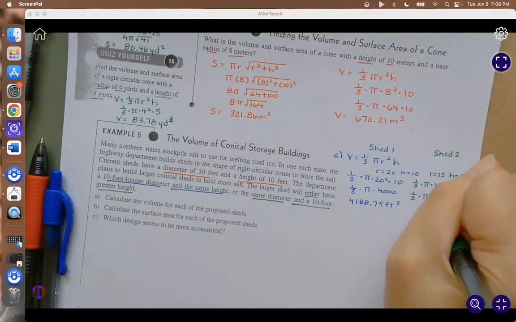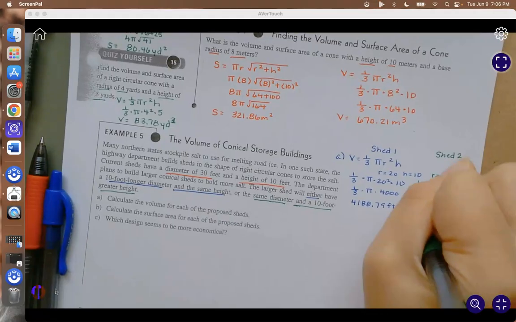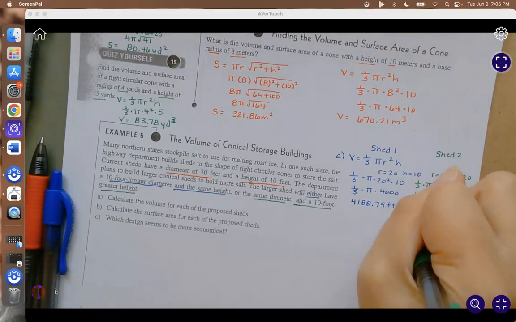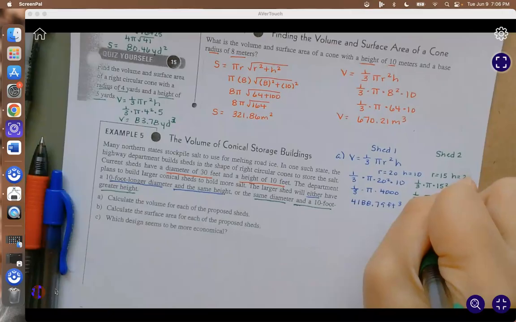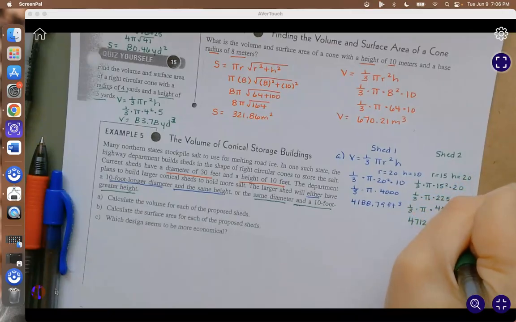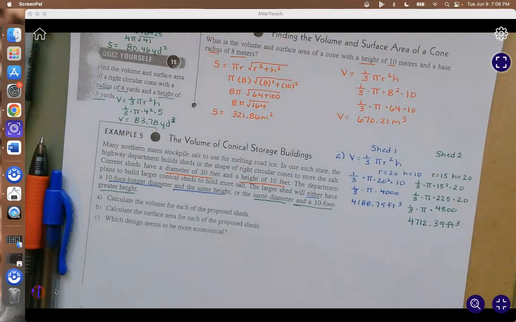Okay, so that's 4,500. So 1/3 times pi times 4,500 would give me 4712.39 cubic feet. Okay, so that's shed 2.